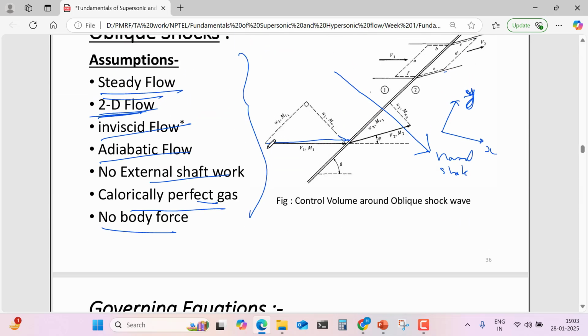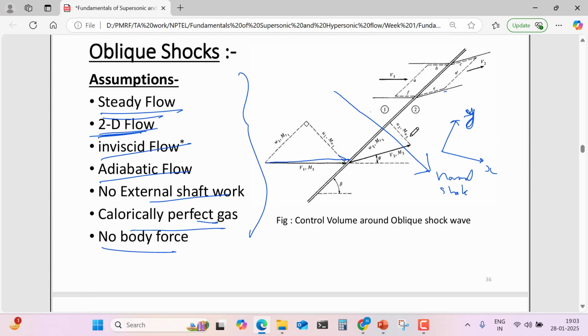Similar to the normal shock, also across the oblique shock, P2 is greater than P1, T2 is greater than T1, rho 2 is greater than rho 1, and P02 is less than P01. Only M2 here can be greater than 1 or less than 1, it depends.